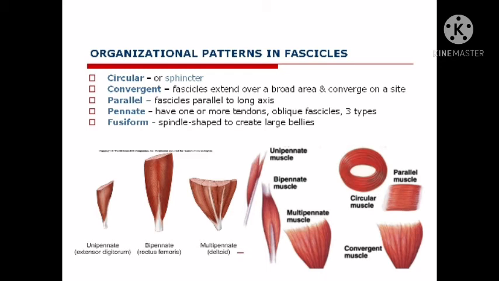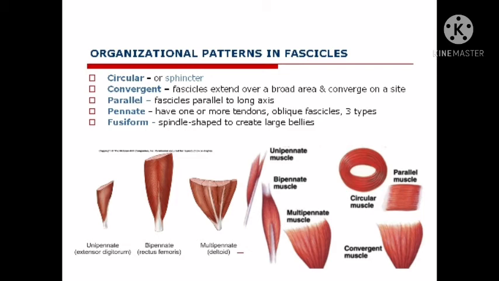It arises from the clavicle, the upper scapula and the back of the scapula. So this is also called a tripinnate and convergent muscle. Arising from different origins and converging upon a single point, that is called a convergent muscle.